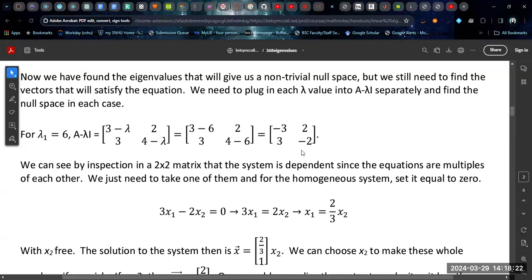Now, when you get into larger matrices, it's less obvious. And you'll see that it's a little less obvious when we use complex numbers as well. But if we haven't made any arithmetic mistakes, then these will be dependent systems. And when you row reduce them, you will have to get down to one row equal to 0.